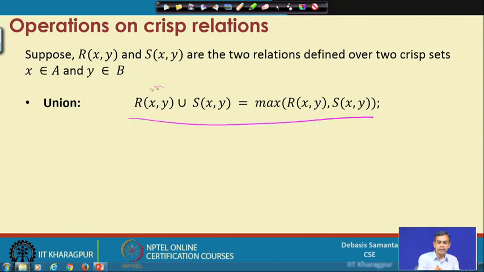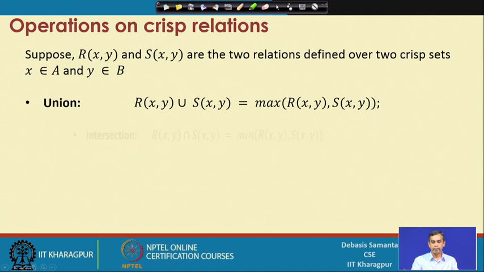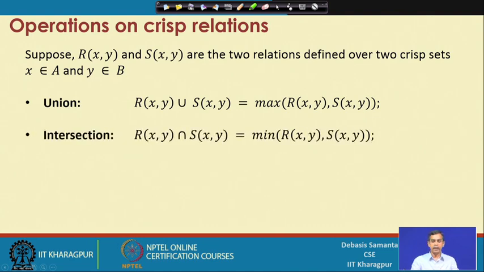R is the relation and S is another relation, obtained over the two crisp sets, say A and B. Then the union of the two relations can be defined as the max of the two entries in x and y in both relations. So, one example can be given here. This is the union operation.